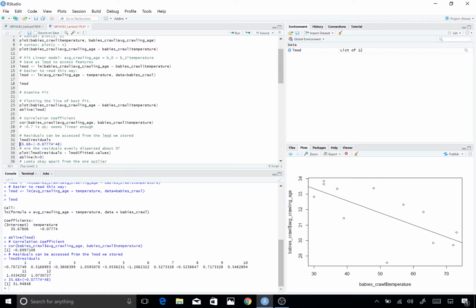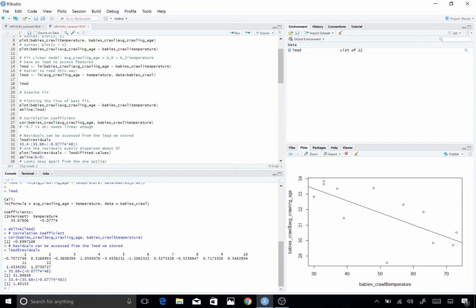And the observed minus predicted was 1.45, and that's this one here. It's off a little due to rounding, but these residuals are the observed crawling ages minus the ages predicted by the line for those observed temperatures.